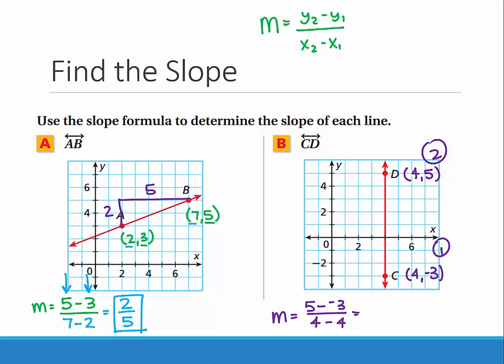On the top, remember, if you subtract a negative, you're really adding, so we end up with 8. But then we divide by 0, and we cannot divide by 0. This can't happen, so this is undefined. The slope of any vertical line is undefined. It does not have a slope.